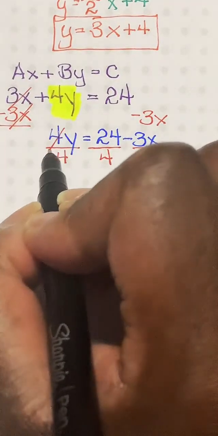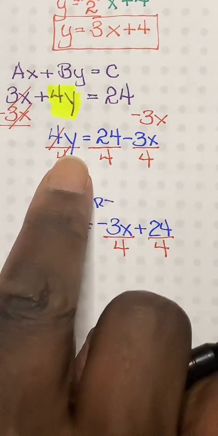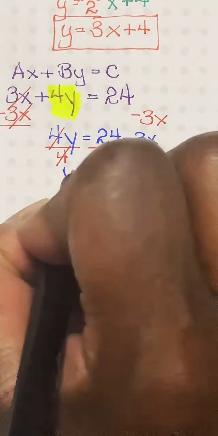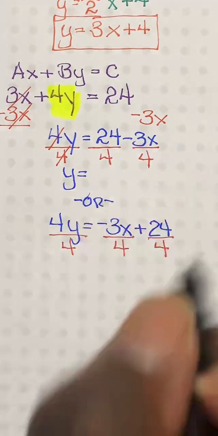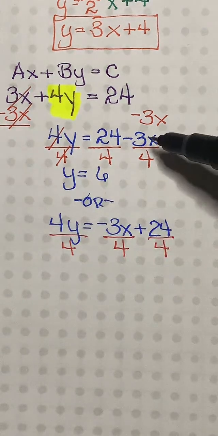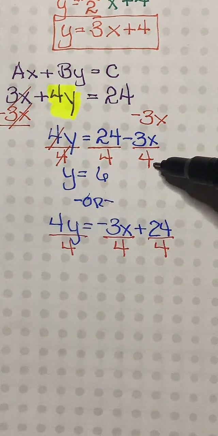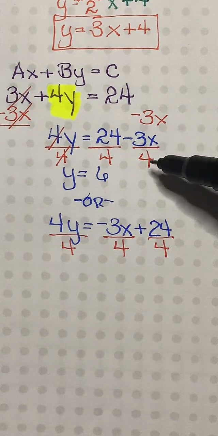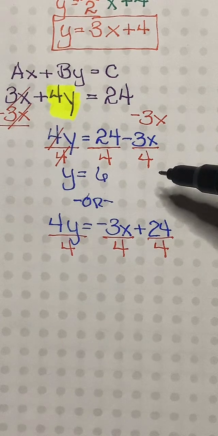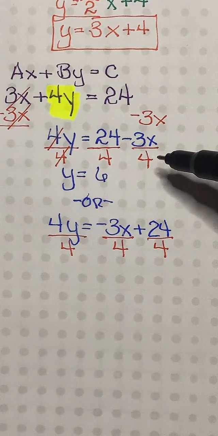So now 4 divided by 4 gives me 1, in this case 1y. 24 divided by 4, that gives us our 6. And then we have a negative 3 divided by 4, that gives us negative 3/4. Here's the thing, don't change it to negative 0.75. This is your slope.